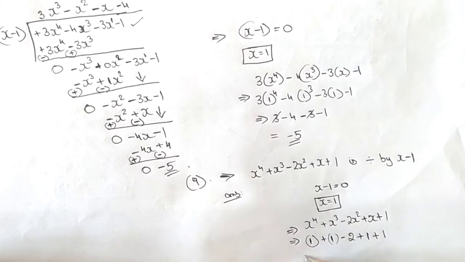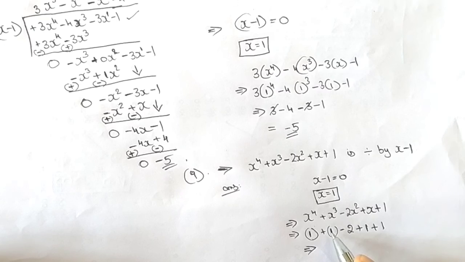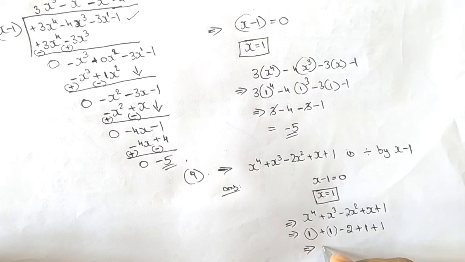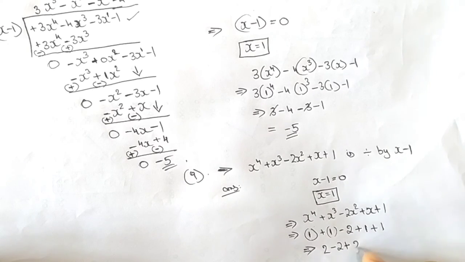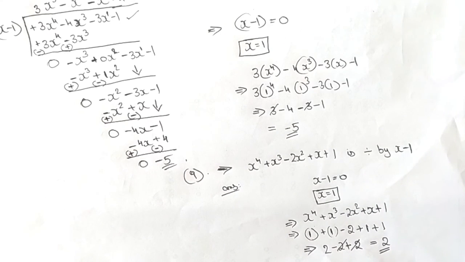Now what you will get? 1 plus 1 is 2. 2 minus 2 is 0. And 1 plus 1 is 2. Here minus 2 plus 2 cancel. The answer is 2. And 2 is your remainder.